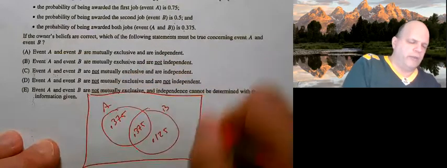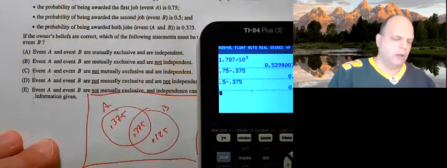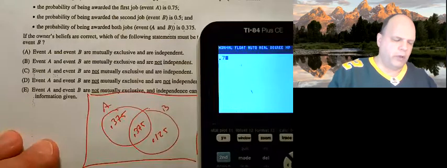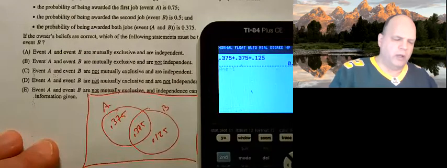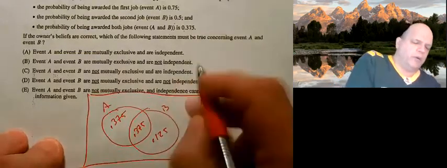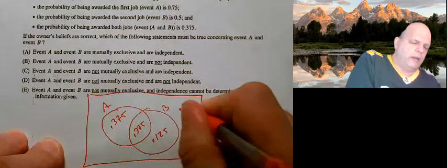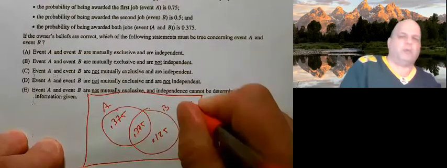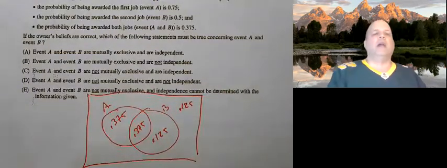And of course, I have this area out here. 0.375 plus 0.375 plus 0.125 minus 1 tells me the area out here is 0.125. So the probability they don't get anything is 0.125.